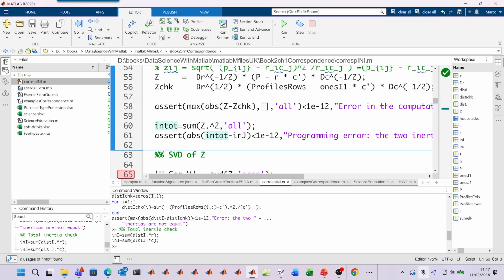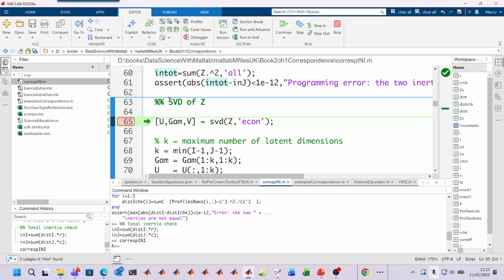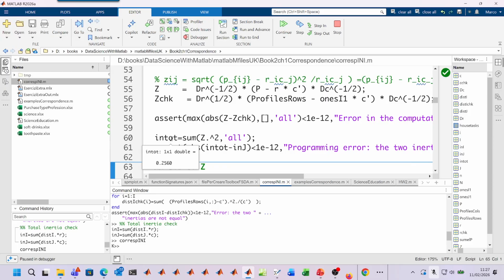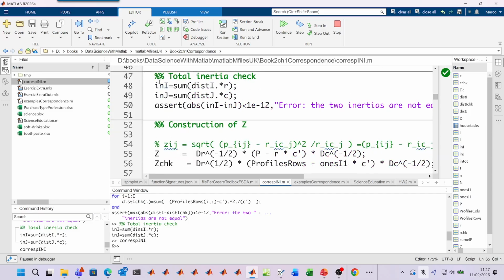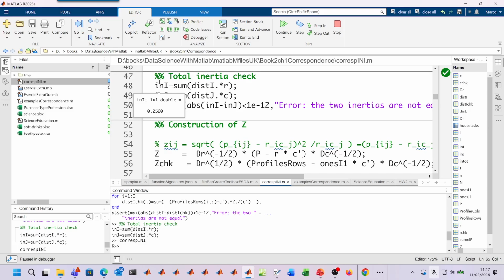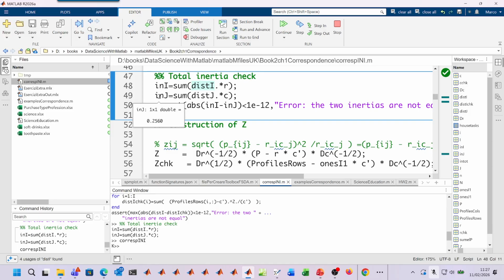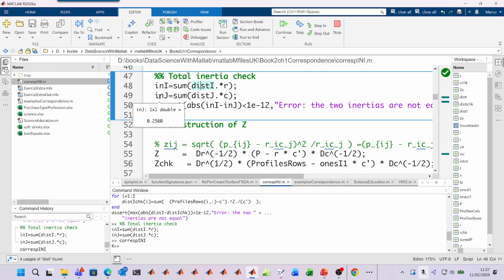Let me run it up to here. So the sum of all the elements of Z squared is the total inertia, the total inertia that had been obtained as the sum of squared distances of row profiles, or of column profiles, weighted for the respective centroid.